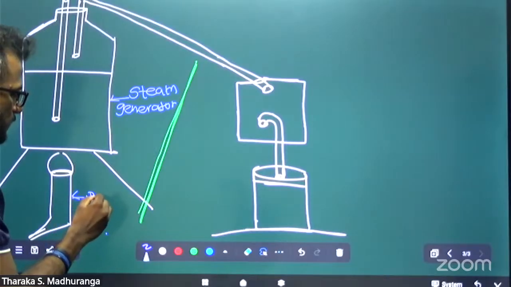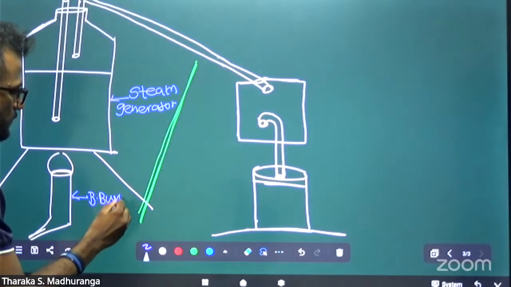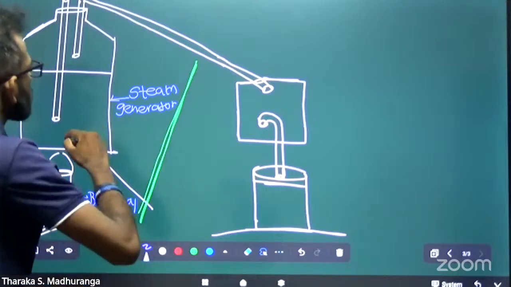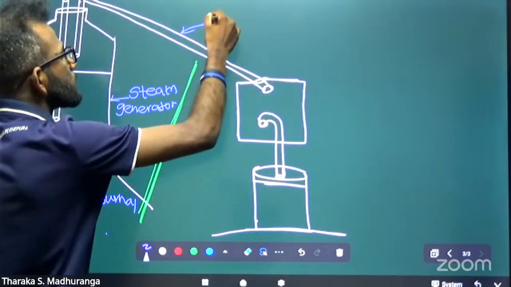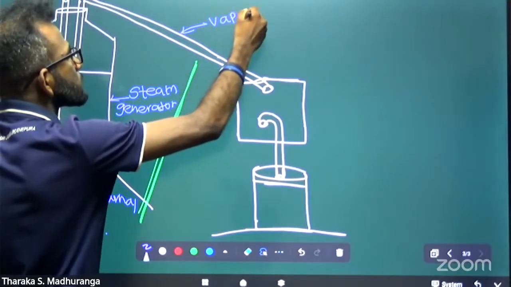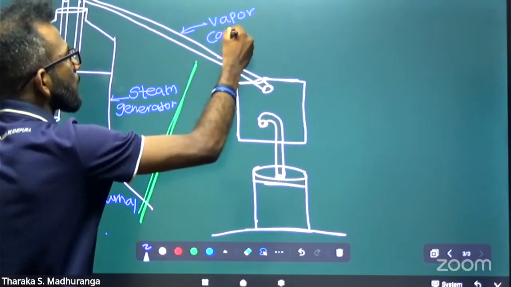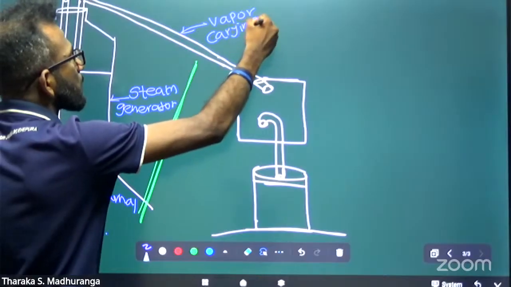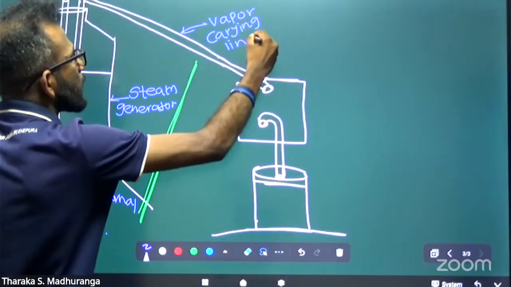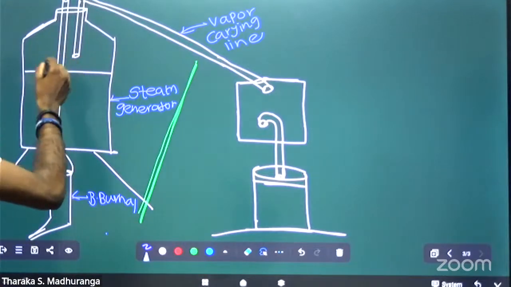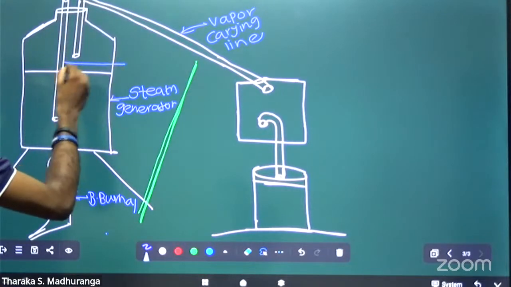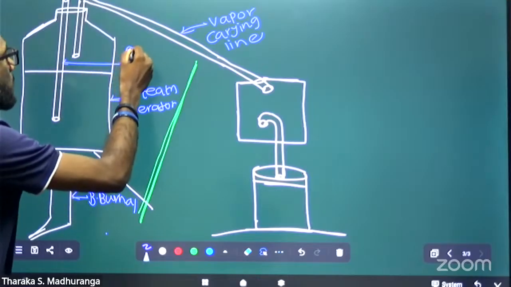That's simple. This is the vapor carrying line, vapor transferring line. And this is a very important pipe, the pressure control pipe.